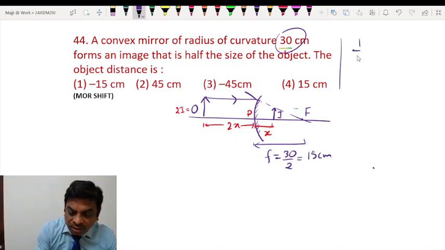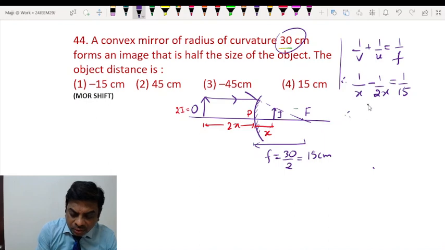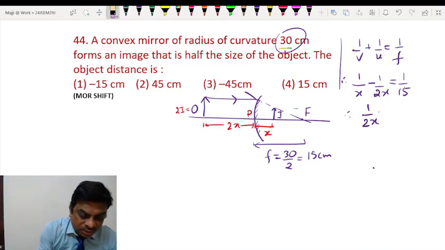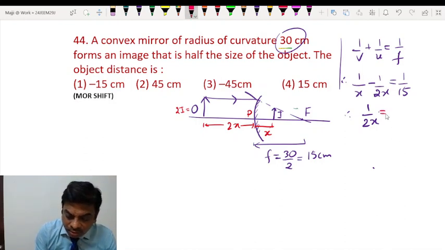So we will be using the mirror formula which states 1 by v plus 1 by u is equal to 1 by f. So v is plus x, u is minus 2x, equal to 1 by 15. So we have 1 by x minus 1 by 2x is 1 by 15.